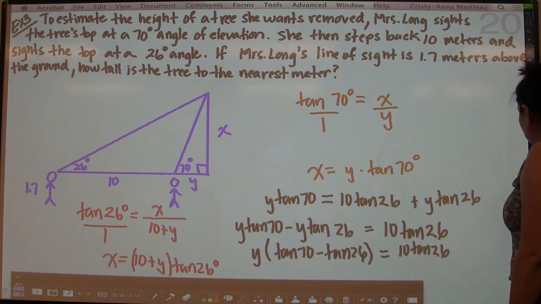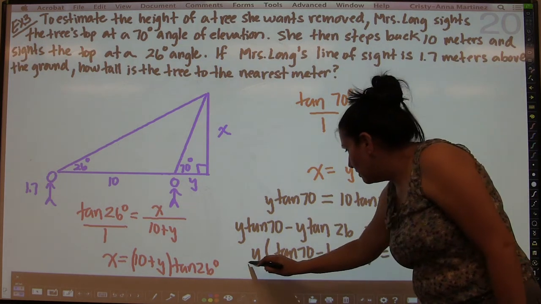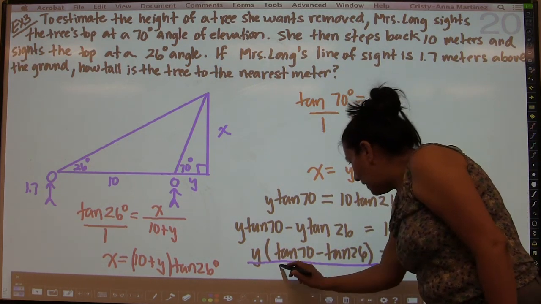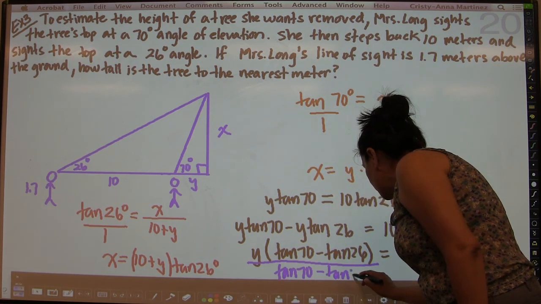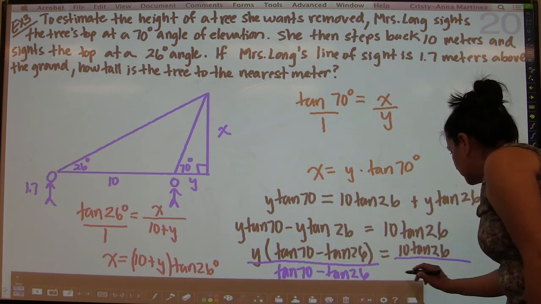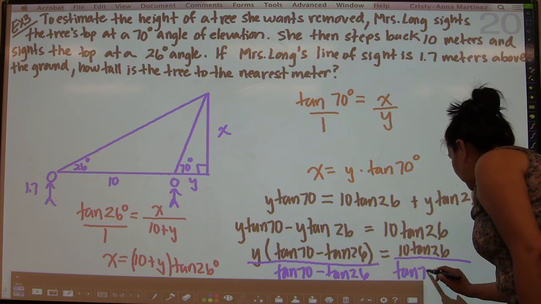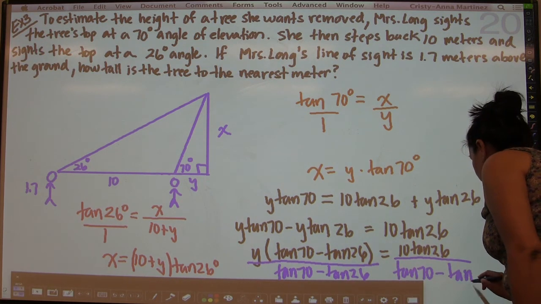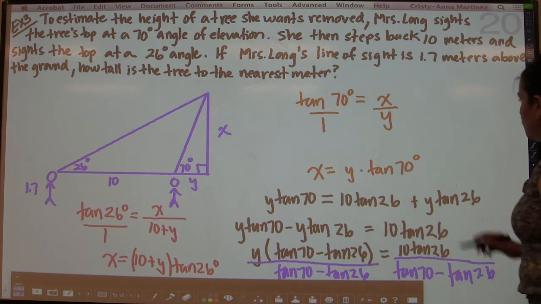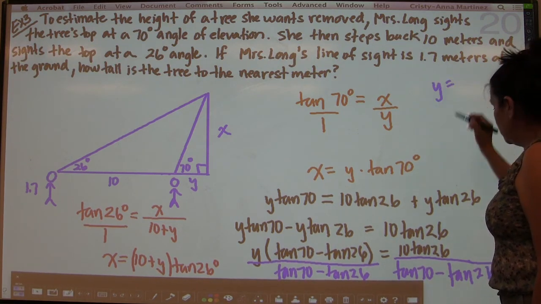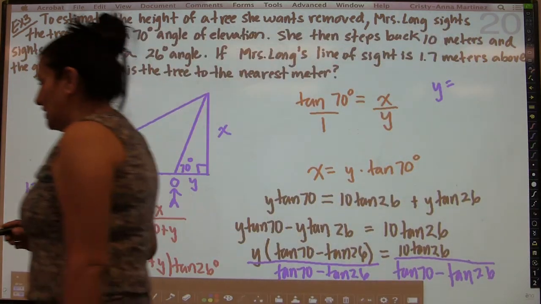So now what we can do is divide by tangent 70 minus tangent 26 on both sides. And then we can throw all this into the calculator and have our final answer. So y is equal to 10 tangent 26.